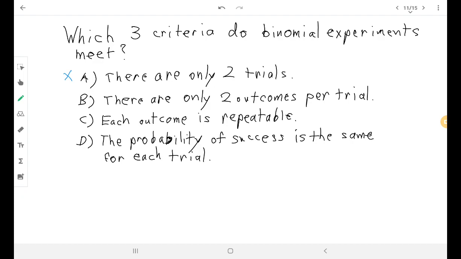Well, that leaves us with only three criteria, but let's talk about them. There are only two outcomes per trial. Now, that is exactly what we mean by a binomial experiment. What we mean is that there are only two outcomes, and I'm actually going to star this one because it turns out that this is the most important part of the definition.